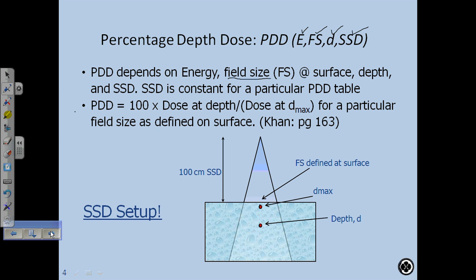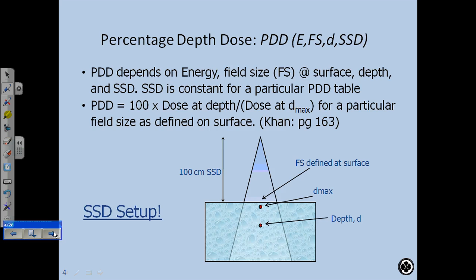Lower, typically less than 100, because the dose down here is going to be less than the dose up here: number one, it's further from the beam, and number two, it's deeper and there's more attenuation. So these PDDs are going to be pretty much smaller than 1.